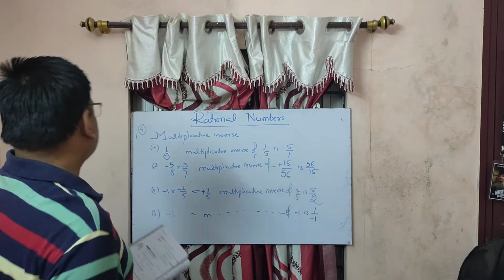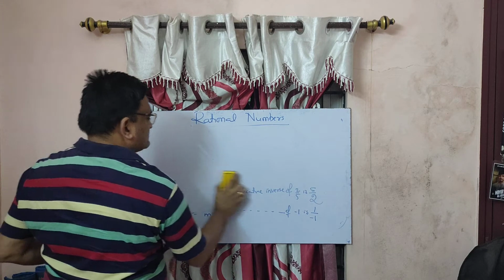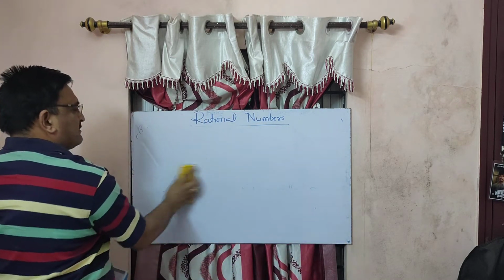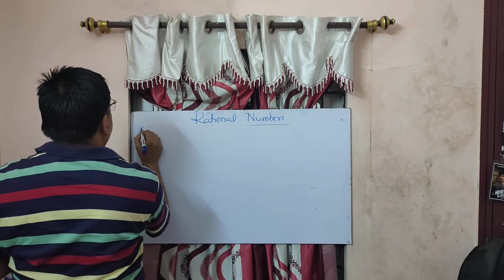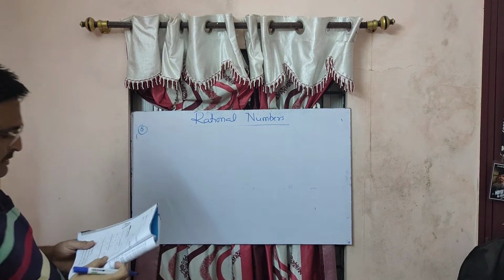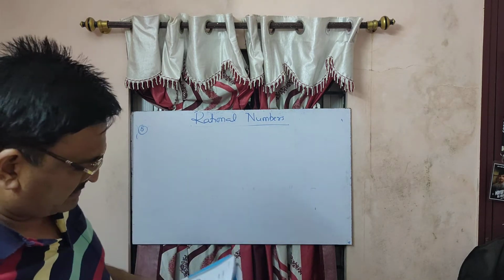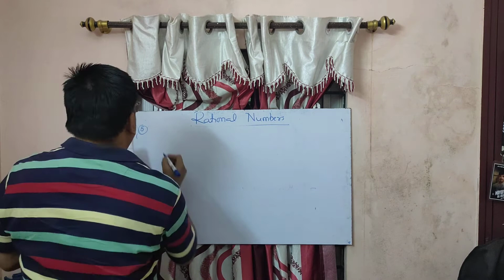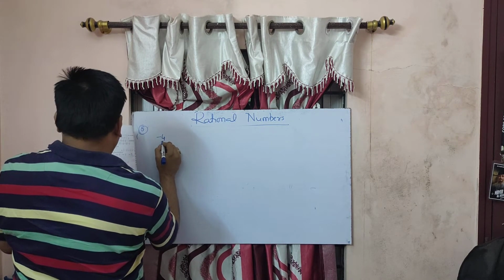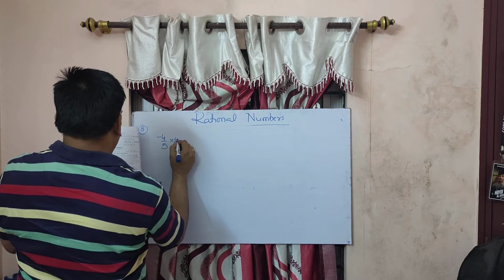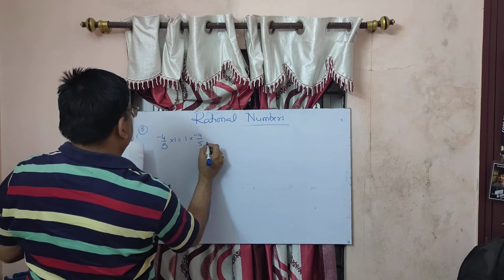Now we'll do question number 5. Name the property under multiplication used in each of the following. So you have to find out the name of the property. Minus 4 upon 5 into 1 is equal to 1 into minus 4 upon 5.